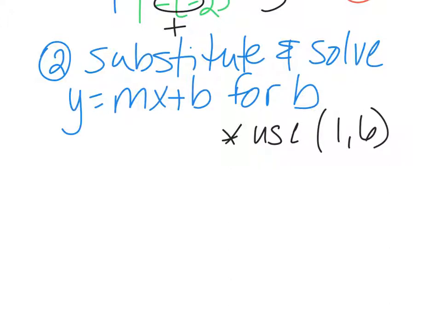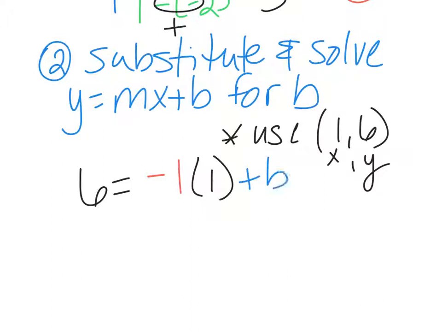Okay, so y, this is x, this is y, so y is 6 equals the slope we figured out earlier, negative 1, times the x, which is 1, plus b, the part I'm looking for.